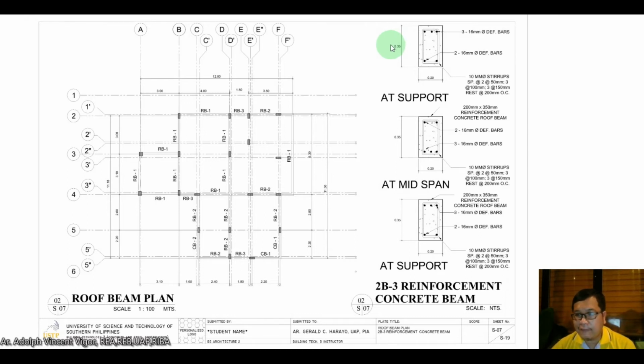There's a reason for that because it will come up in the structural analysis, which you'll tackle in detail when you reach your higher level theory of structures, because you'll be given the opportunity to compute the sizes of your reinforcements and how you're going to design them. That's part also of architecture. Always remember, class, that architecture is not just drawing; it's also about designing. It has quite a heavy aspect on the technicalities as well.